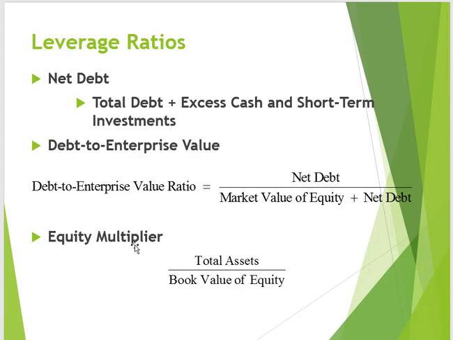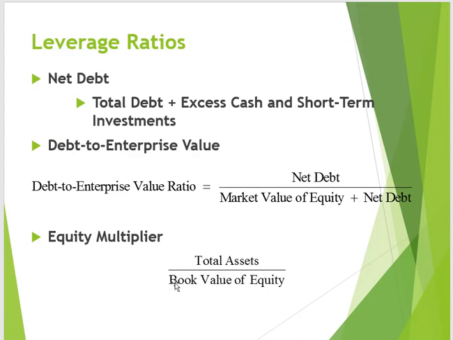Now, we also have some equity multipliers that we'll use throughout some other ratios and other analyses. But the equity multiplier is just total assets divided by the book value of equity. So this is just the relationship of assets to equity. This is the reciprocal, if you will, of the debt ratio, which was total debt divided by total assets.